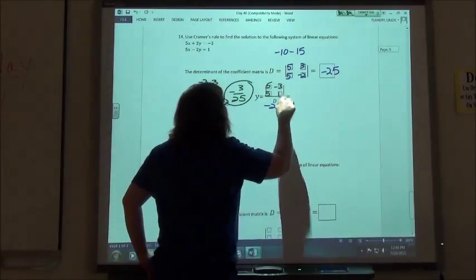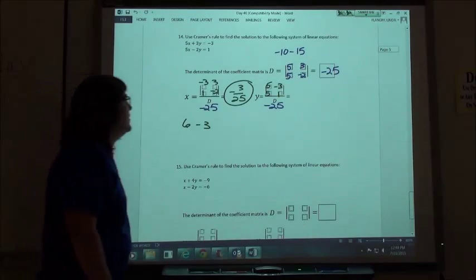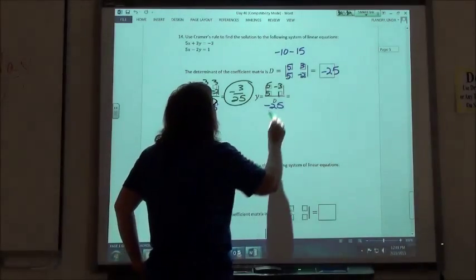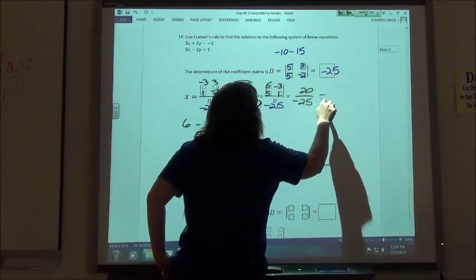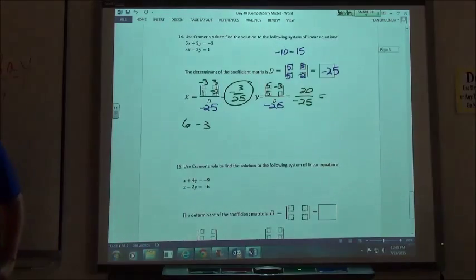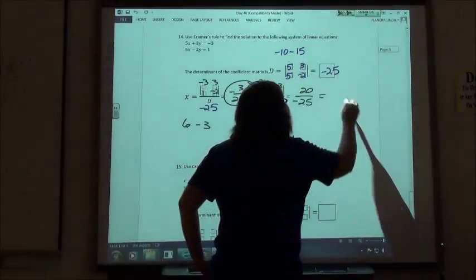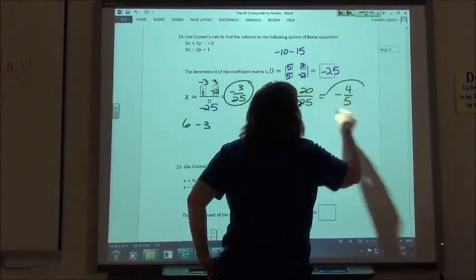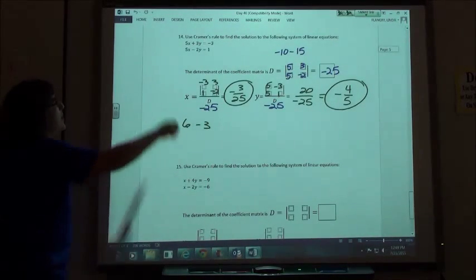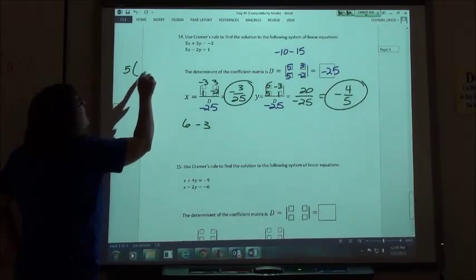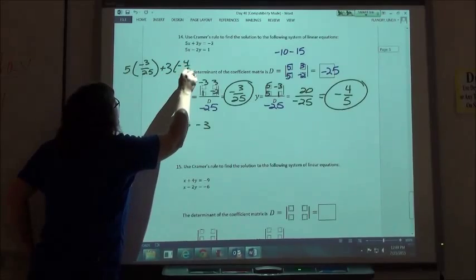So finding the value of that determinant, 20. 5 plus 15 is 20, so 20 over negative 25, which of course we're going to simplify, and so we're going to have 4 over negative 5, or negative 4/5. Since we usually like the negative out in front, right? And again, just to quickly check that on your calculator, take 5 times negative 3/25 plus 3 times negative 4/5.